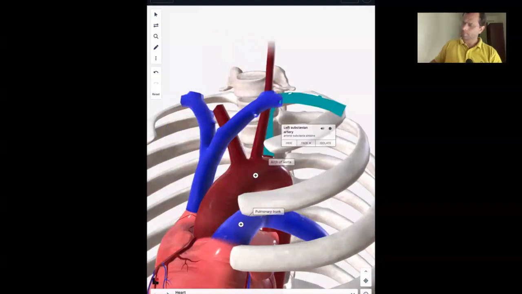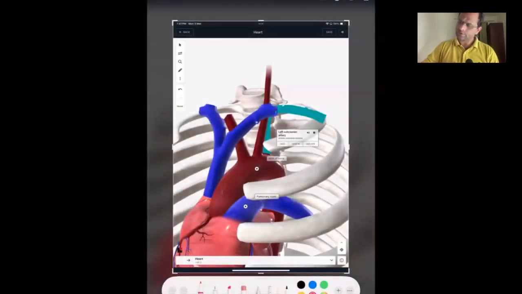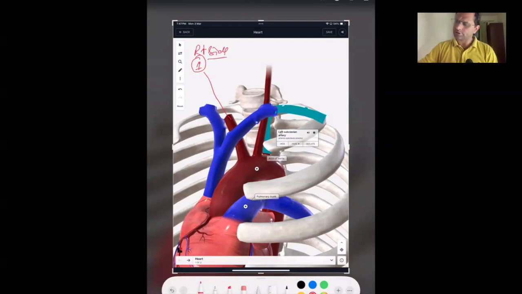Okay. इनके नाम याद रख लो तो अच्छी बात है। This is the first vessel who is taking the blood to the right side, and these two remaining vessels are taking the blood to the left side.